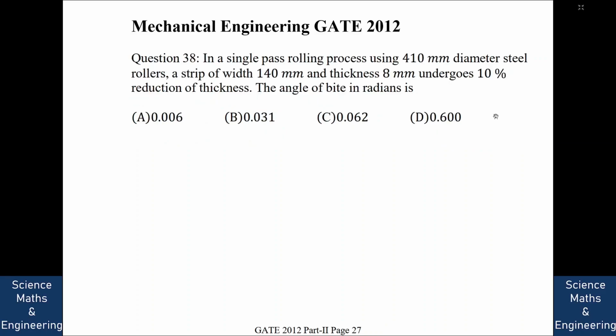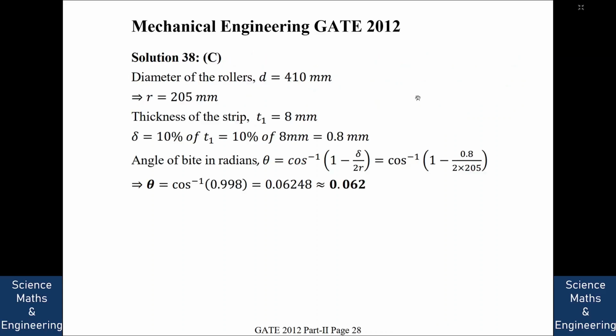In a single pass rolling process using 410 mm diameter steel rollers, a strip of width 140 mm and thickness 8 mm undergoes 10% reduction of thickness. The angle of bite in radian is, okay, we need to find out. This is a rolling process operation and we need to find out the angle of bite. Our reduction in thickness is also given. So we have small d given as 410 mm, so small r, that is the radius of the roller, would be 205 mm.